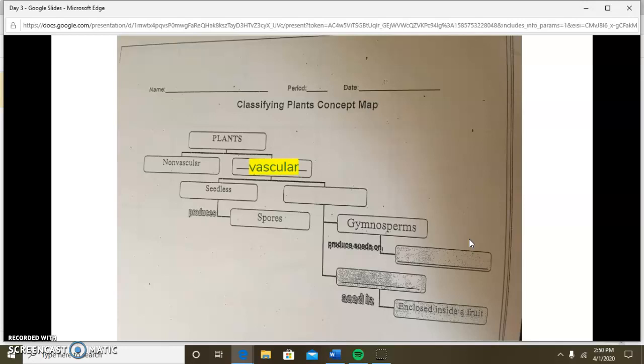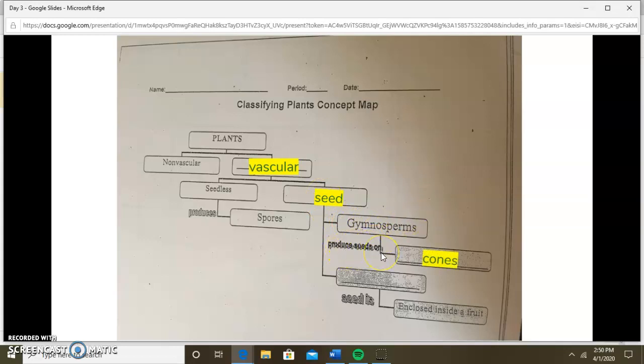So plants, we have non-vascular and vascular plants. So you're going to write vascular in this square here. Vascular plants can be seedless or they can have a seed. Seedless vascular plants produce spores. Vascular plants that have seeds are gymnosperms.